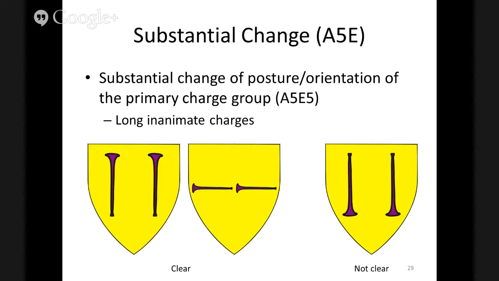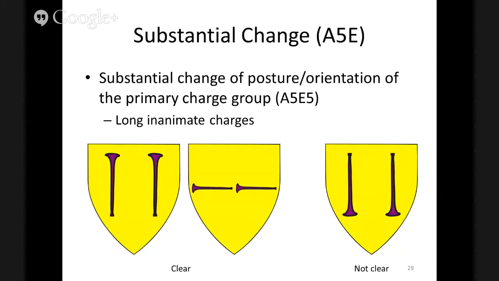All right. So, what's the first shield? Somebody give me the full blazon for the first shield. Or, two trumpets per pale. Where are these trumpets and how are they oriented? Bells to chief. And how are they arranged?